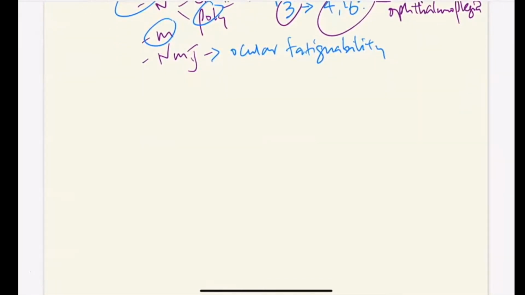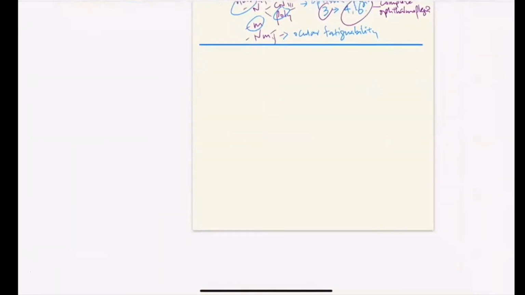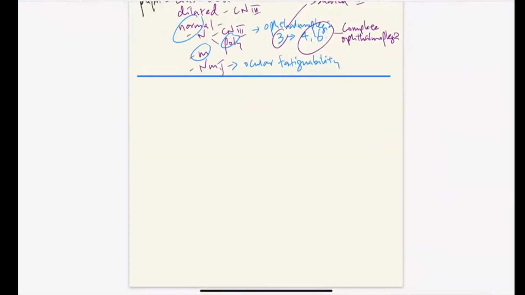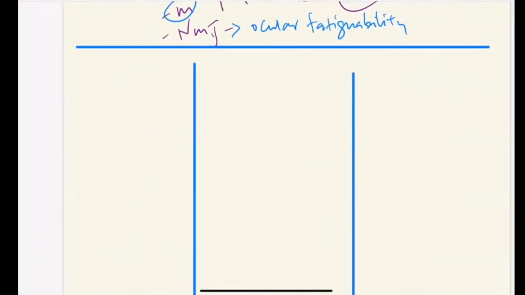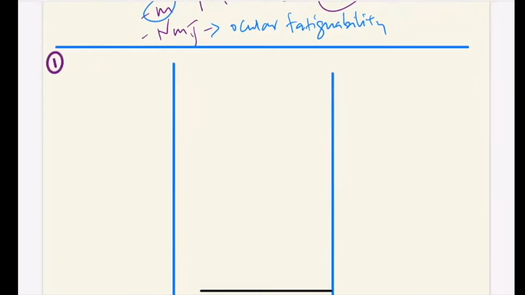All right, and because of this, there are three different scenarios. The first scenario will be myasthenia gravis.